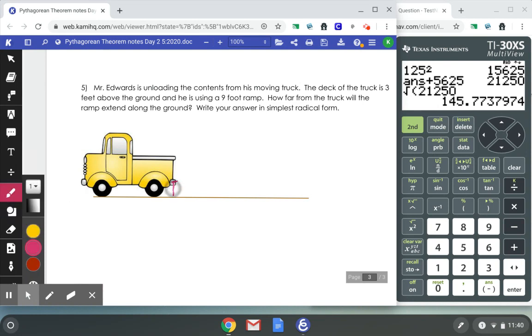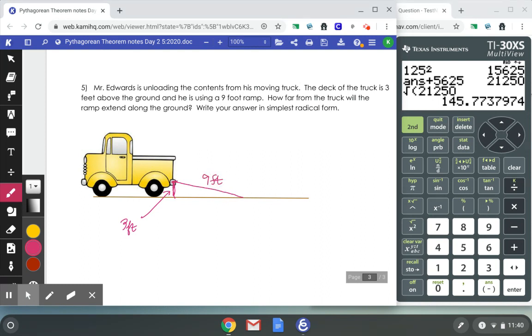From the deck of the truck to the ground, that distance is 3 feet. It's 3 feet above the ground, and he's using a 9-foot ramp. So we have a ramp that's going up to the deck of the truck, and it's 9 feet.